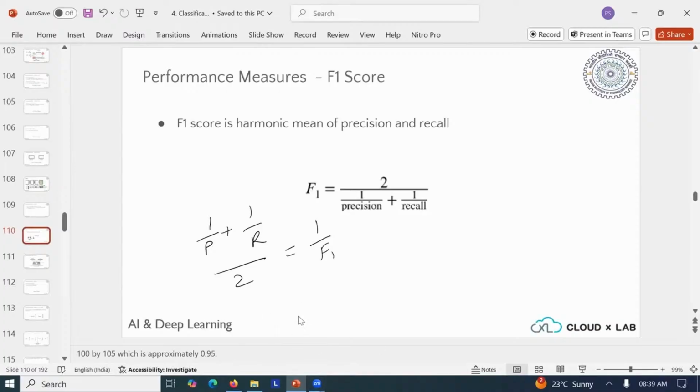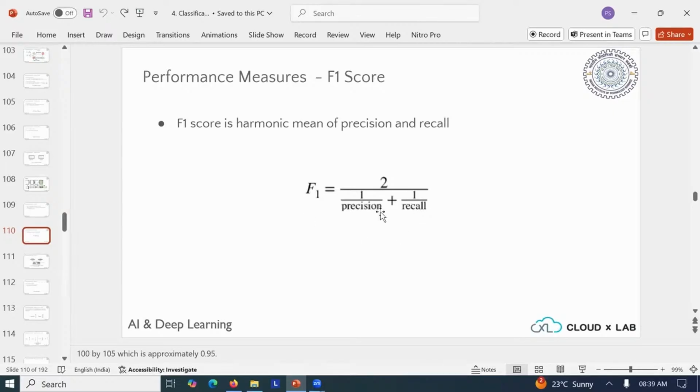So this is called the harmonic mean, right? Whenever we calculate the harmonic mean between two values, the harmonic mean is maximum when both values are nearly equal, right? So this harmonic mean or F1 score we can maximize only when precision and recall are nearly the same, right? If precision is high and recall is low, in that case, the F1 score will be low.